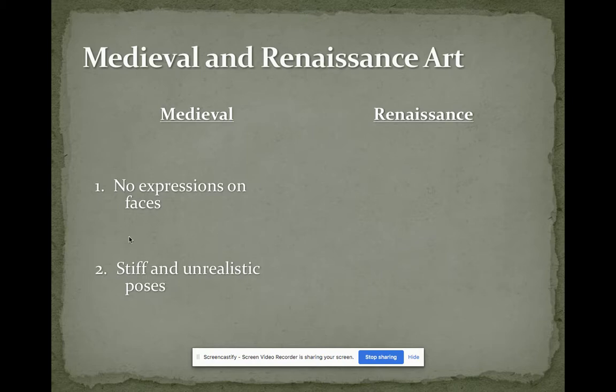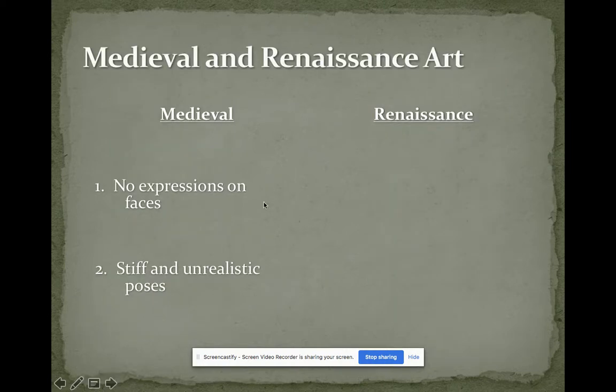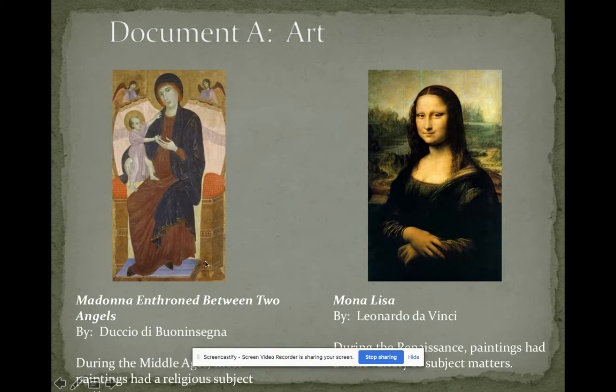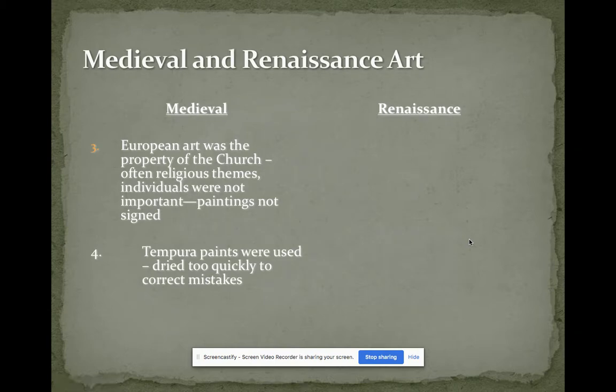In medieval art, there is a lack of expression, a lack of emotion. Renaissance, more emotion. Medieval poses are stiff and unrealistic. This is more realistic. Again, don't concern yourself about the Renaissance yet. We'll get to that one.